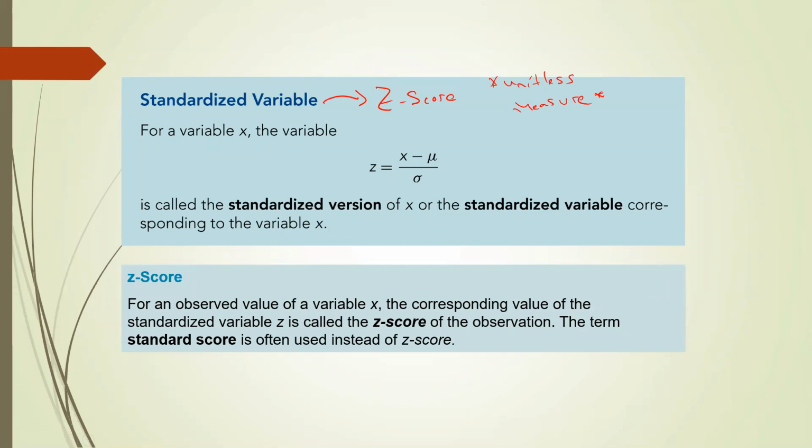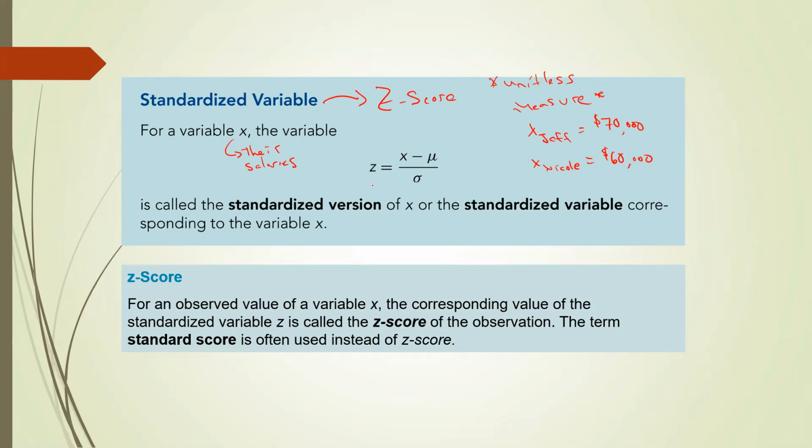There's no dollars. For a variable x, in this example the variable x is their salaries. The x variable for Jeff was 70,000, and for Nicole she was making 60,000.